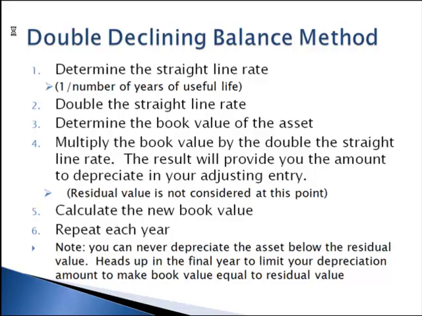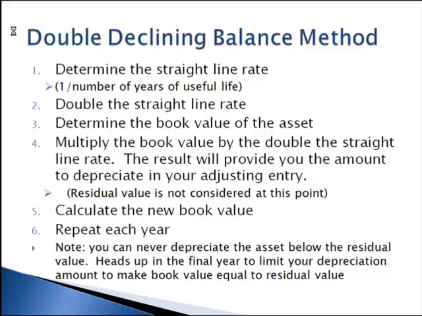Now, we need several steps in order to calculate the double declining balance method. And the first one is to determine the straight line rate. And what we mean by that is, if we were going to depreciate this piece of equipment using the straight line method, what percentage of the total depreciable amount would we write off in each year? For our previous example, we had a 5-year asset, and so 20% of that asset is written off in each year of the depreciable amount.